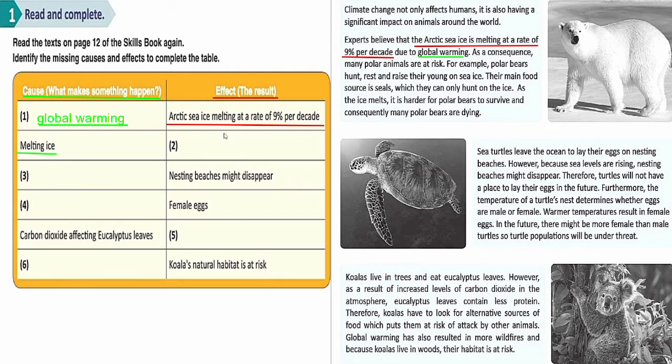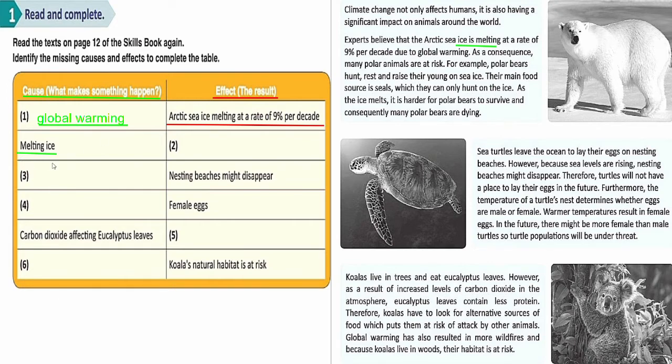The second sentence, we have melting ice. Actually, this idea is mentioned within this sentence: ice is melting. The same idea, but the structure, this is a noun.